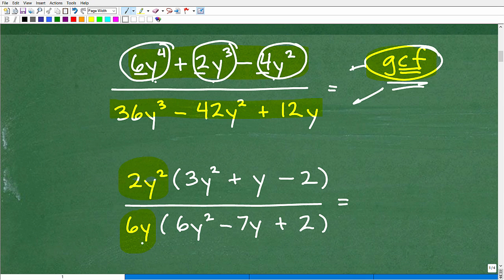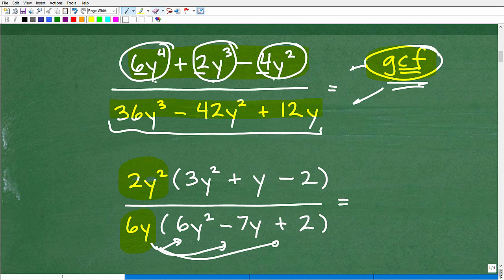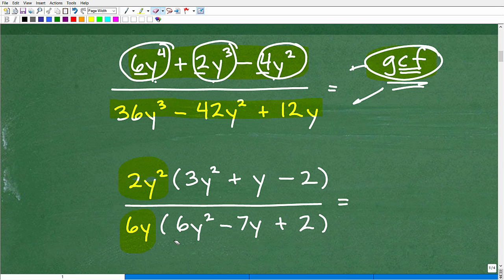That's 6y, times 6y squared minus 7y plus 2, which is what's remaining. Again, I could use that 6y and distribute back in to make sure I get back to this. If you understand this so far, that's very, very good.